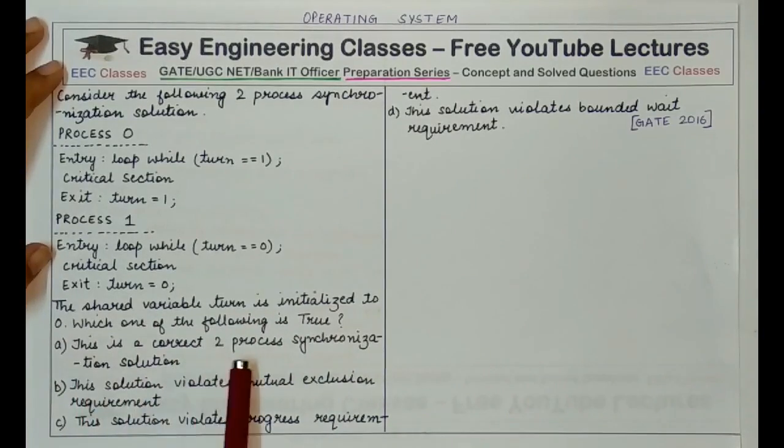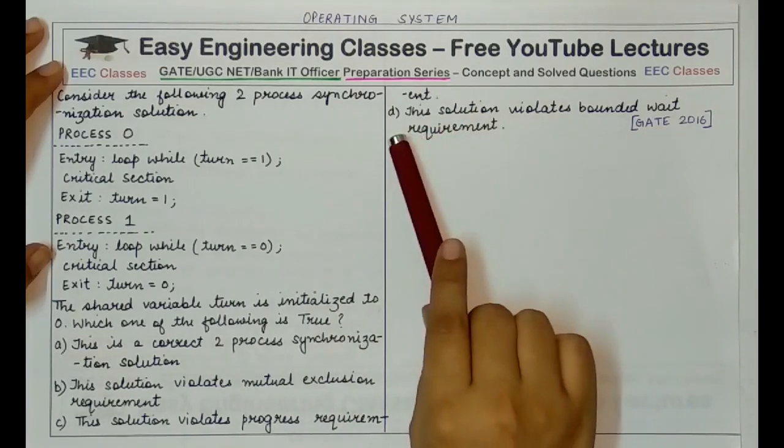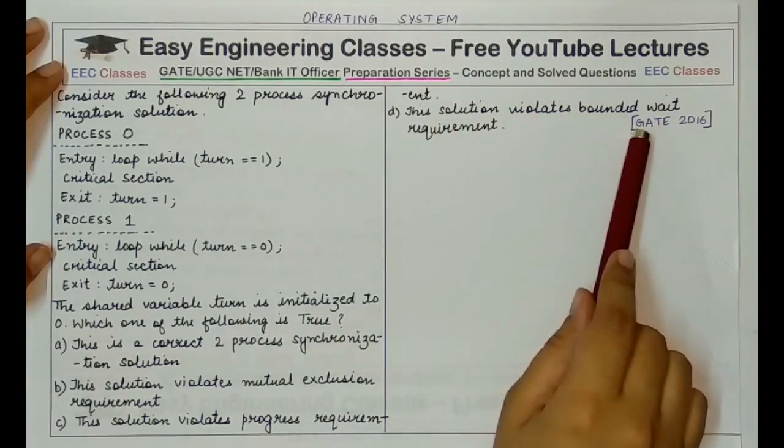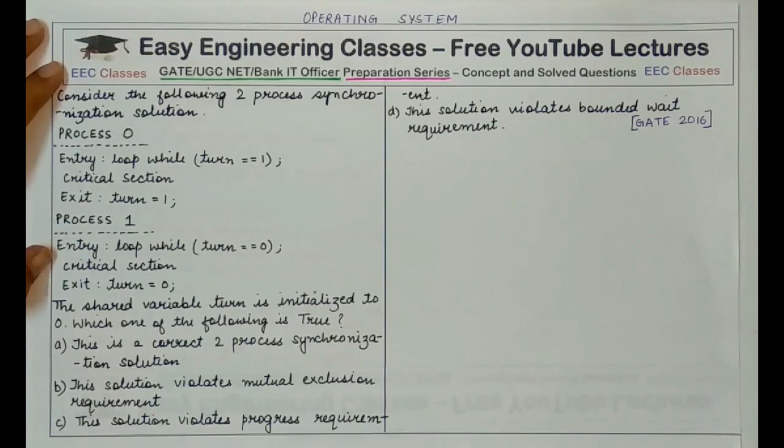This is a correct two-process synchronization solution. This solution violates mutual exclusion requirement. This solution violates progress requirement, or the last part is that this solution violates bounded waiting requirement. Okay, now all the last three parts state different terms and we need to be very clear about each of them.